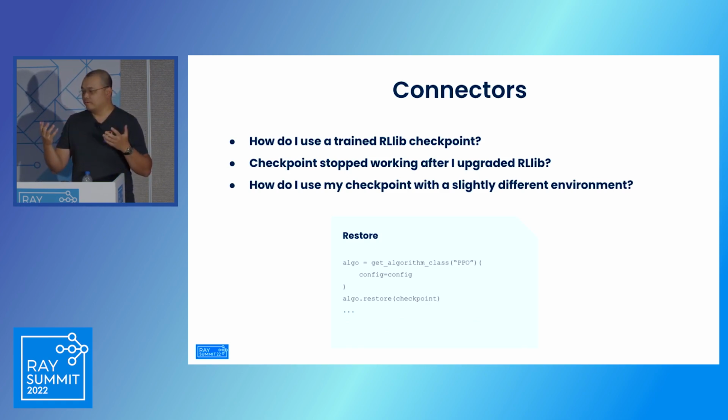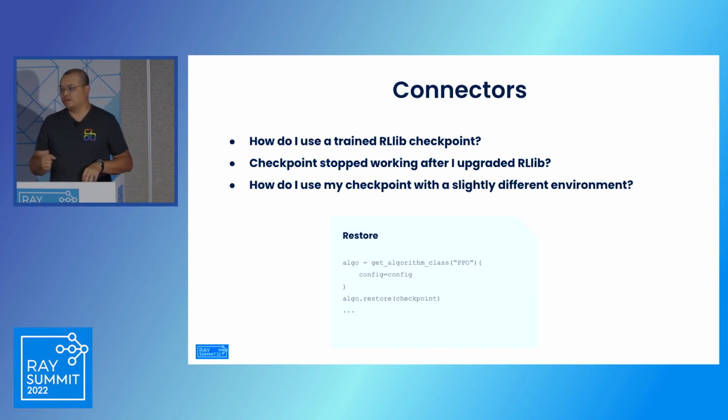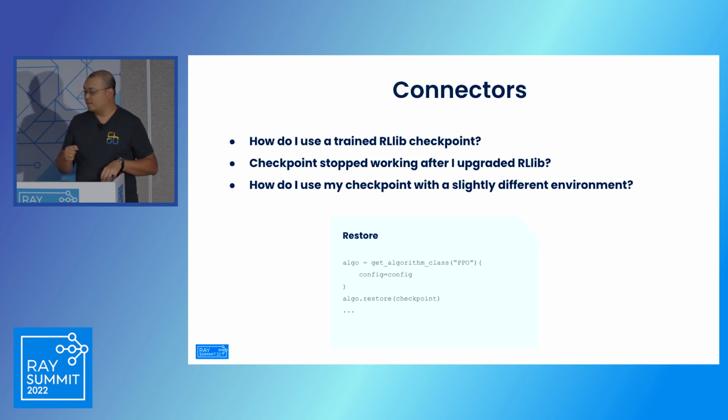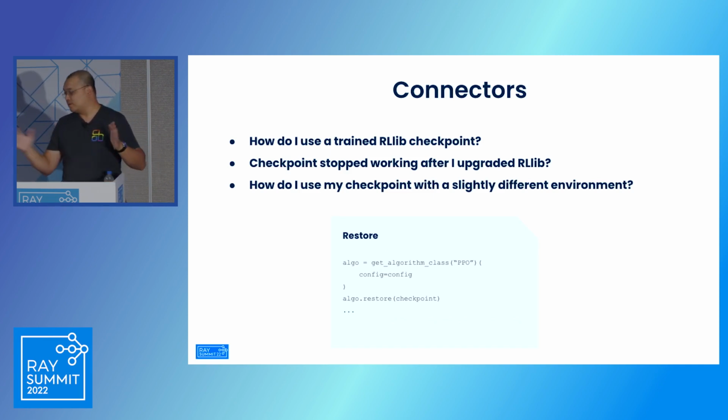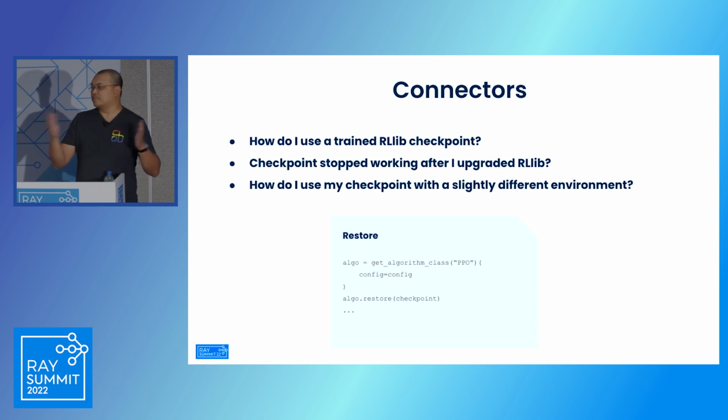They also go through multiple iterations of change over time. While training these policies is super expensive, they spend a lot of money and computation power on these policies. They want the shelf life of these policies to be much longer than the upgrade cycle of RLlib, which usually is monthly.